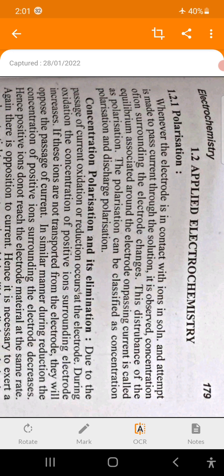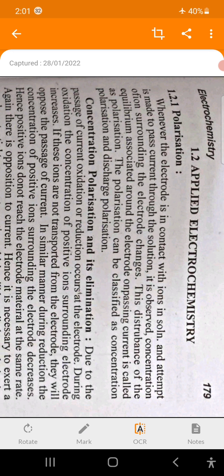We know that because of oxidation at anode, positive ion concentration increases. During oxidation, there is generation of positive ions.